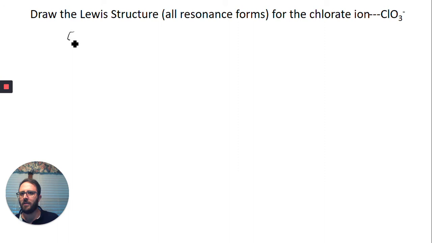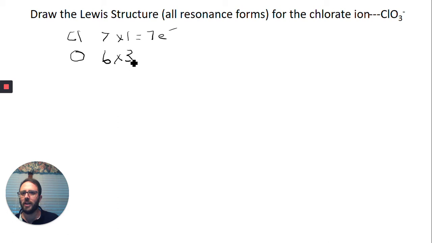Okay, so we have chlorine. Chlorine has 7 valence electrons. There's only one chlorine atom, so that gives me 7 valence electrons. We also have the element oxygen in this molecule. We know oxygen has 6 valence electrons.